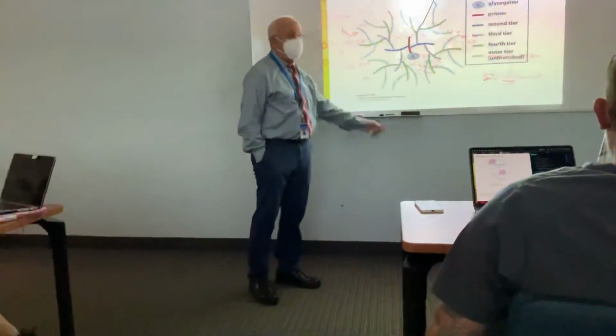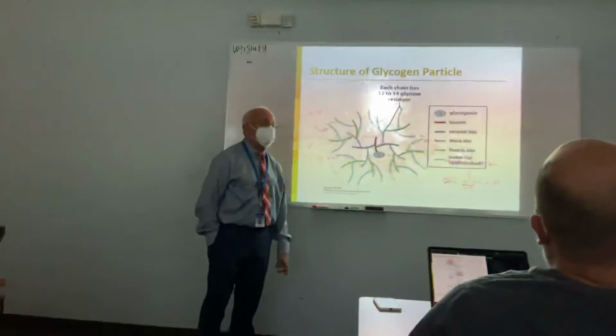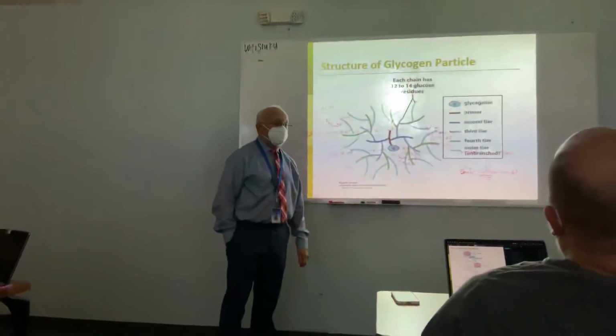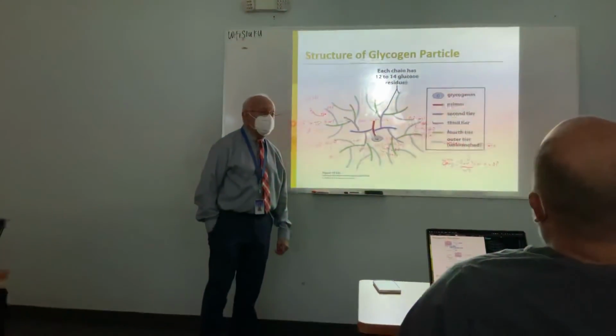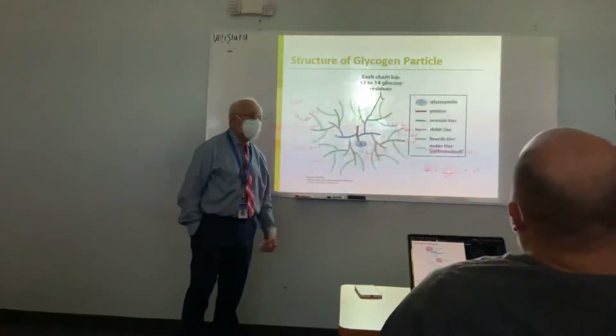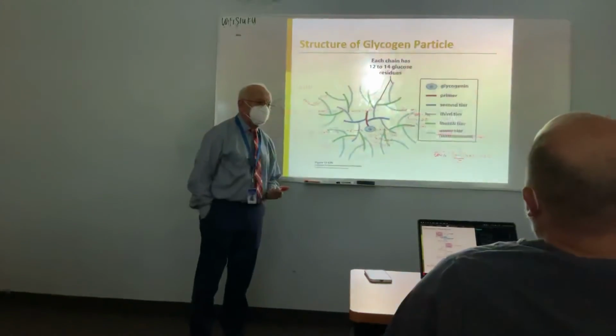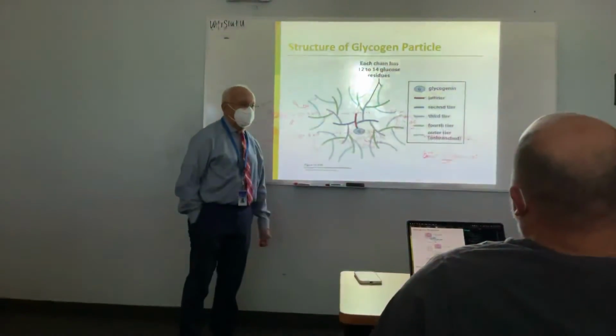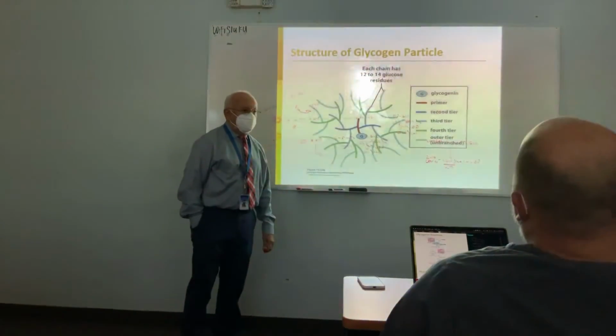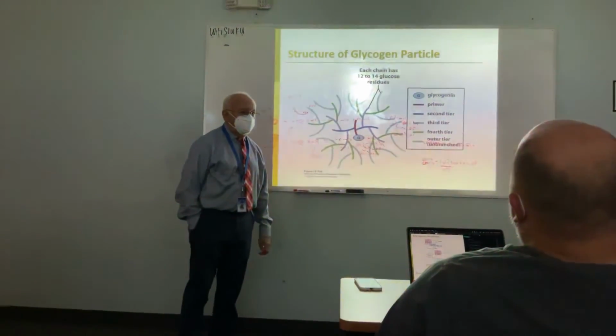Because what happens when this is gone? But didn't you say it's always there? No, the glycogenin protein is always there. The enzymes are always there. We might not have the glycogen particle. Oh, so it needs to bind to that.